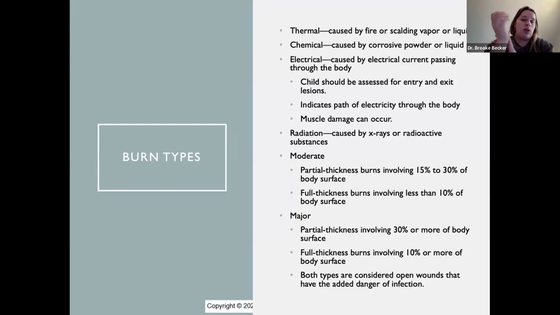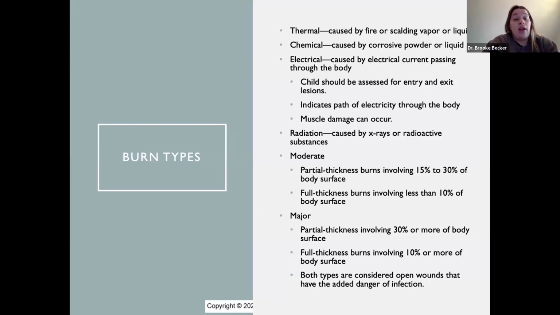So depending on where that electricity comes in, it will come out another side. Sometimes you get concerned about muscular damage, depending on the area that the electricity touched and how it traveled through the body.